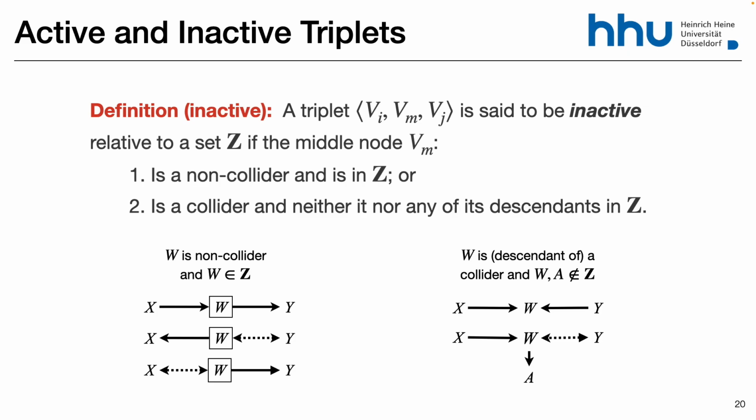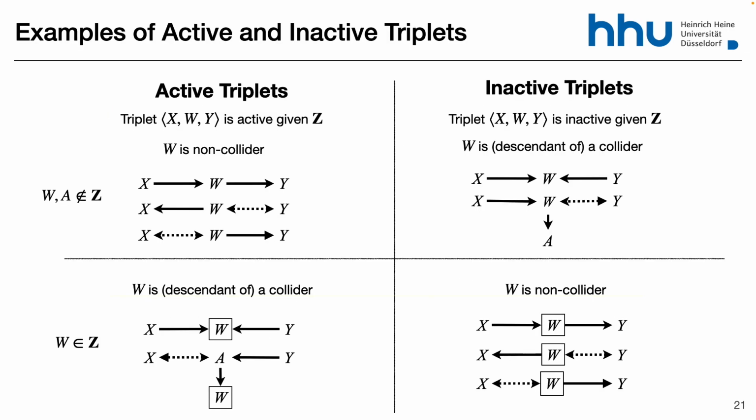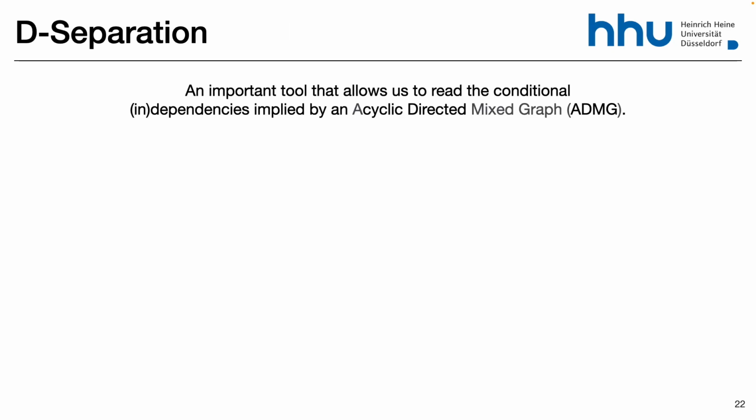As long as I'm not doing this, the triplet is inactive. So in this triplet, X is independent of Y, not conditioning on anything. That's the whole scenario of active and inactive triplets, exactly what I said before. You can review later. But then we can define the separation.